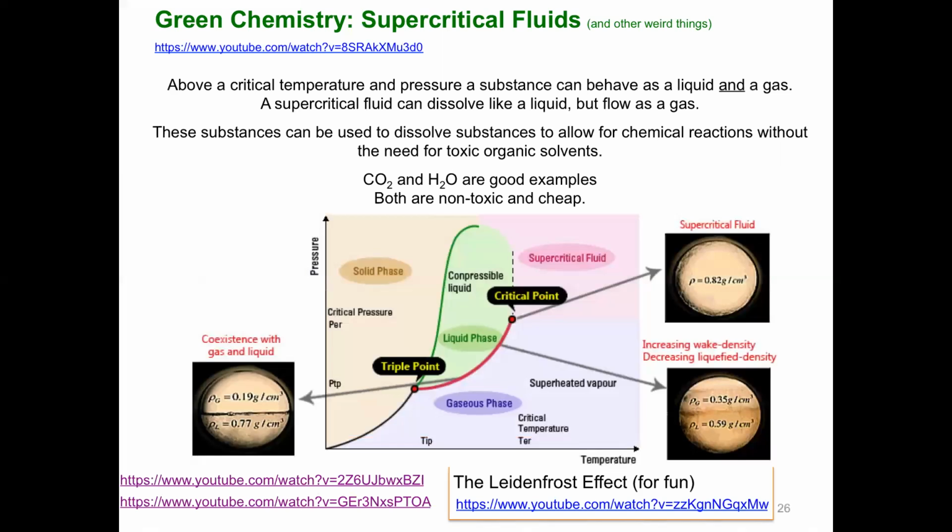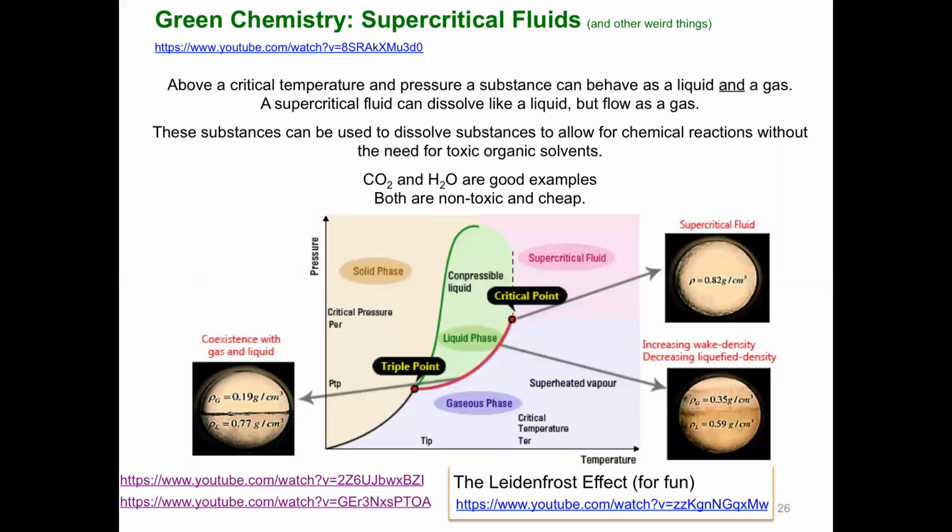It can also work at very high temperatures if you really increase the pressure. So this is when you have these extremes. And in terms of green chemistry, now something that's normally a gas, like carbon dioxide or water vapor, can behave differently and be used as a solvent.